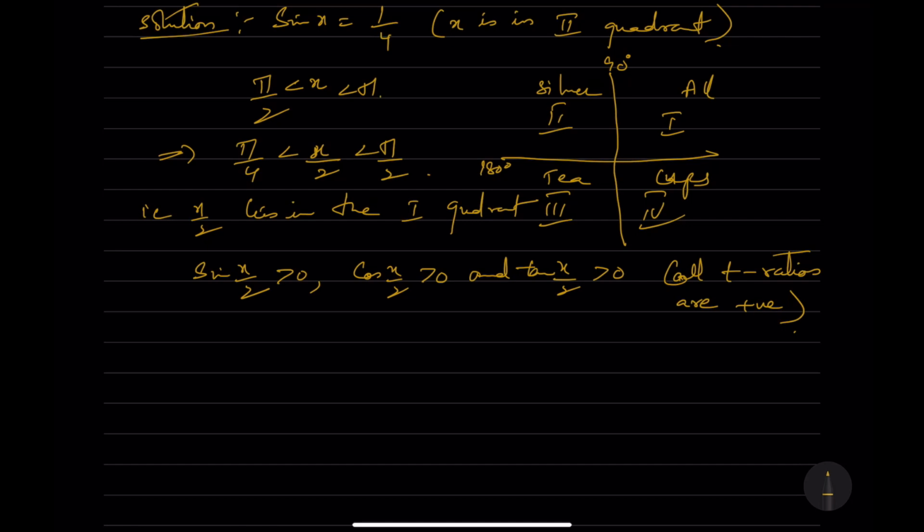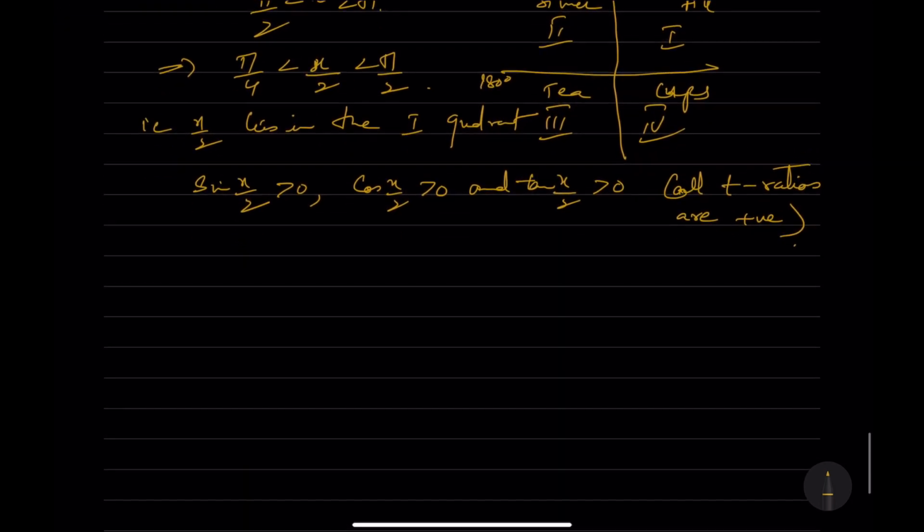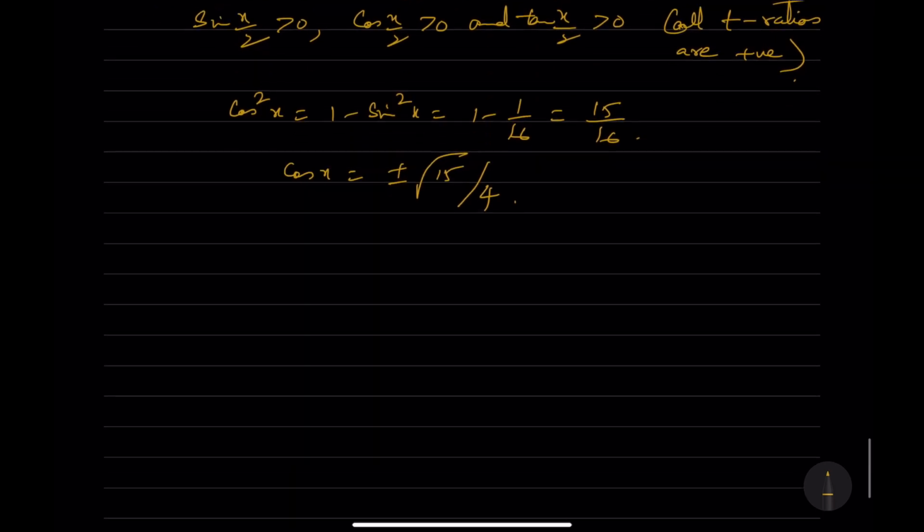So therefore here you are getting now, what is cos square, what sin is given. So we can write it as cos square x is equal to 1 minus sin square x, which is equal to 1 minus 1 by 16, which is equal to 15 by 16, or cos x is equal to plus or minus root of 15 by 4. This is the value we got.